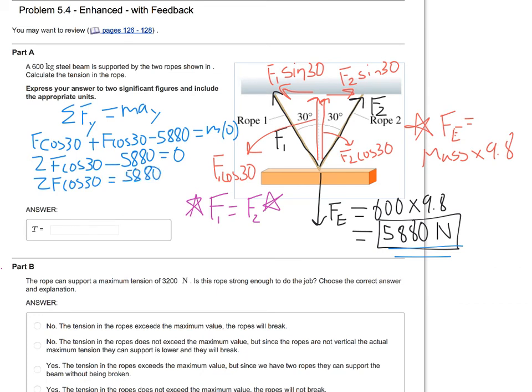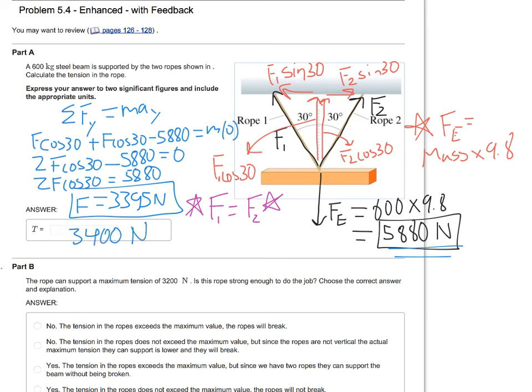I divide both sides by 2 cosine 30, and I find that my force becomes 3,395 newtons. Rounded to 2 sig figs, that's 3,400 newtons as my final answer.